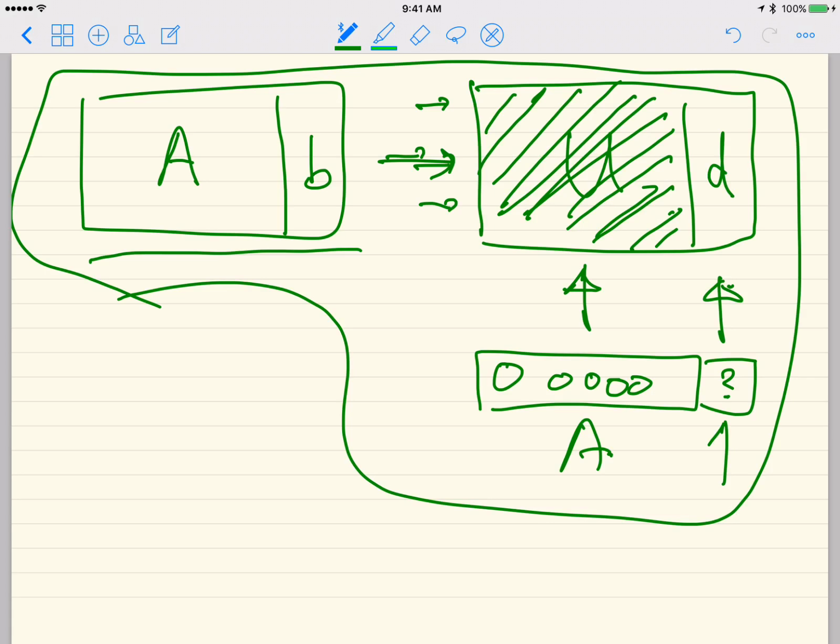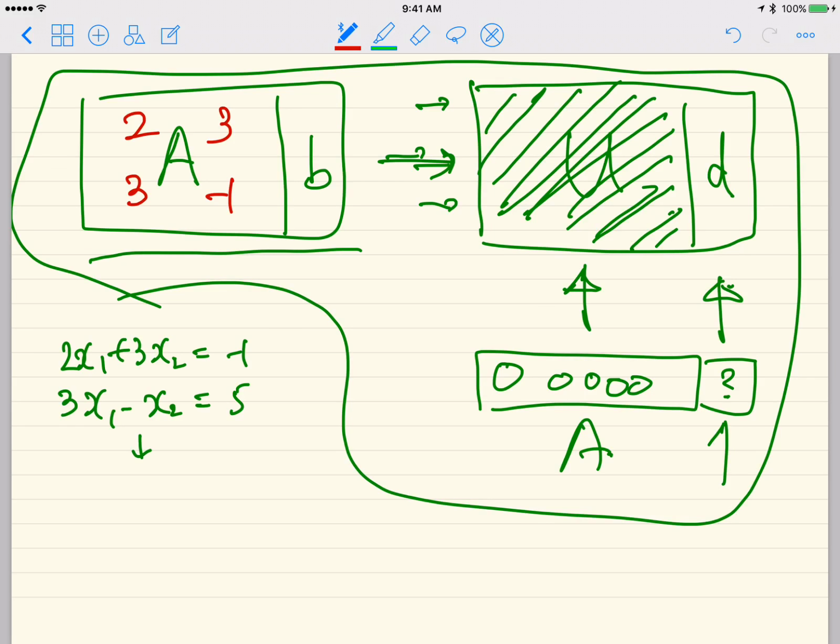Okay, so for example, 2x1 plus 3x2 equals minus 1, 3x1 minus x2 equals 5. In this case, this A part will become 2, 3, and 3, minus 1, right? In the case of b, minus 1 comma 5, right?